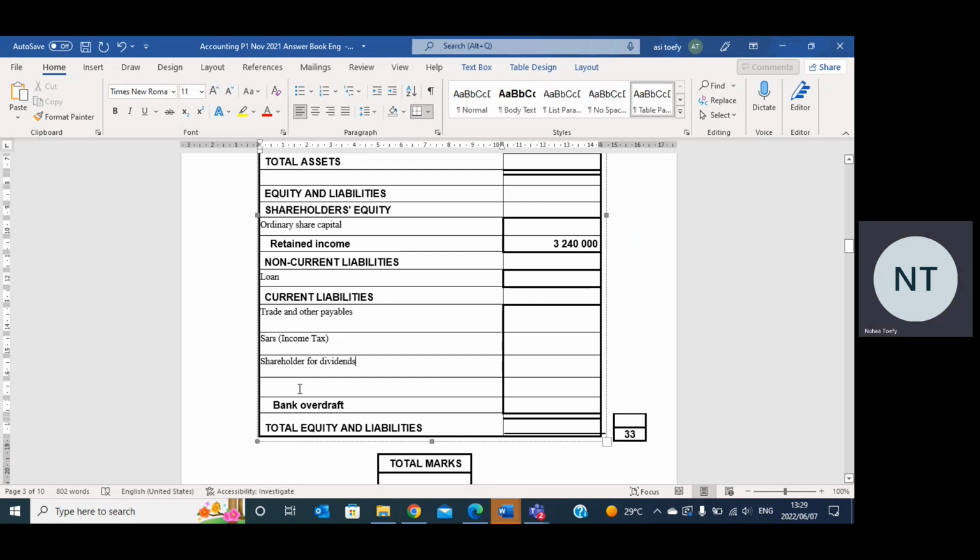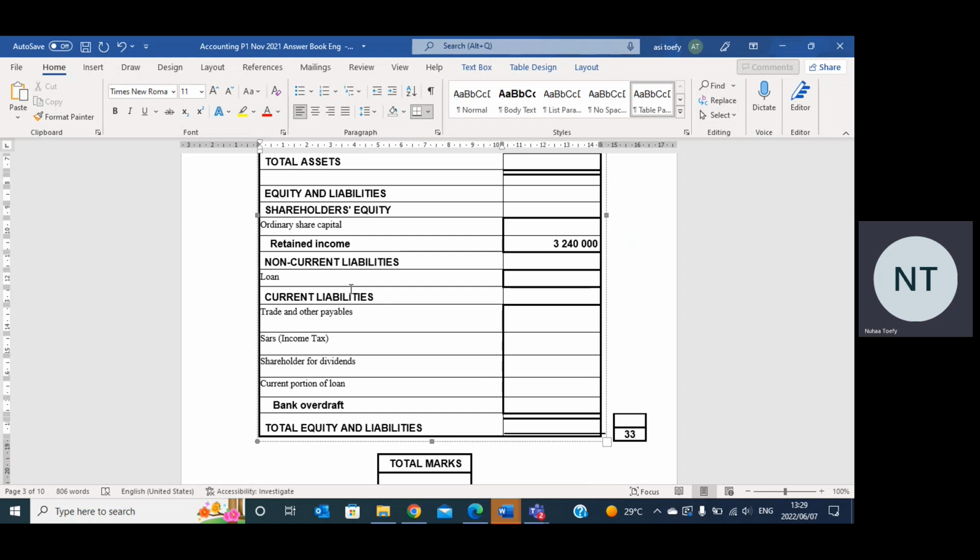And the last one is our current portion of our loan, which we learned last year already. So our current portion of our loan, we can call it our short-term portion of our loan, and that is just the part of the loan that we're going to pay in the next 12 months, right?